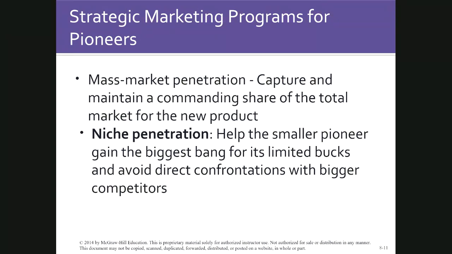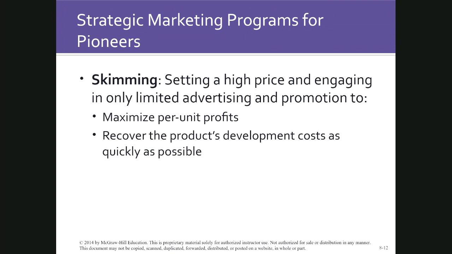I'll circle back to skimming again real quick, because a skimming pricing policy is sometimes a plan. A pioneer comes into the market with the strategy of planning on getting out, either because they don't have the money to go full force with it, or they go in just to get people's attention because they think a competitor will want to buy them.